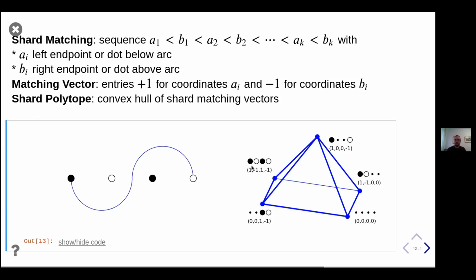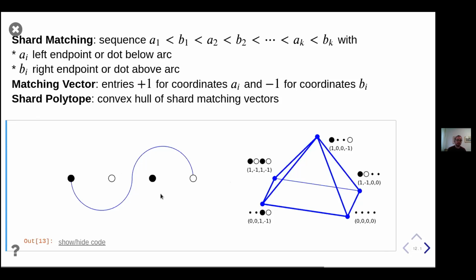We are allowed to take all 4 of them because they are strictly alternating. We are allowed to take first and last, first and second, third and fourth. Now, these are shard matchings. We can easily translate them into vectors by translating black and white to plus and minus 1 and not selected to 0. And these points can then be used to build a convex hull. And the convex hull of all these points together is what's called our shard polytope corresponding to that shard.